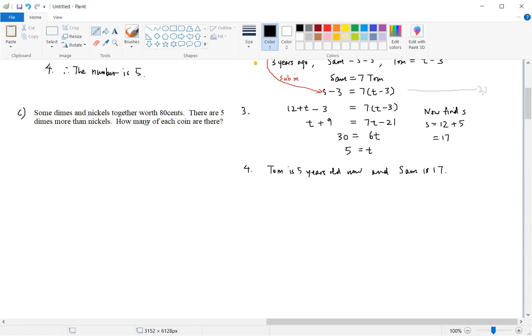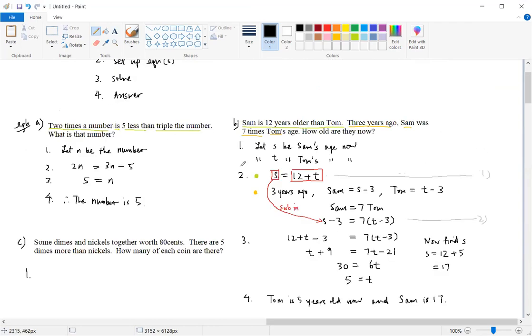So how many of each coin means we want to find out how many nickel coins, how many dime coins. So let's use N stand for nickel and D stand for dime. But don't just say N stand for nickel. As you see here, S stand for Sam, but sometimes the question asks for Sam's age, sometimes Sam's height, sometimes Sam's money.